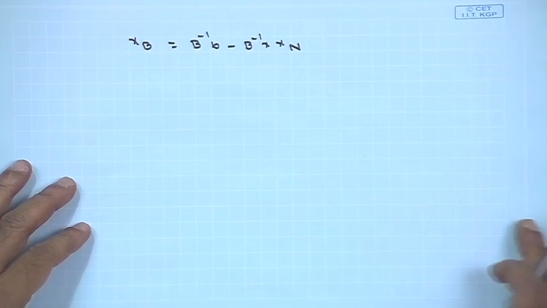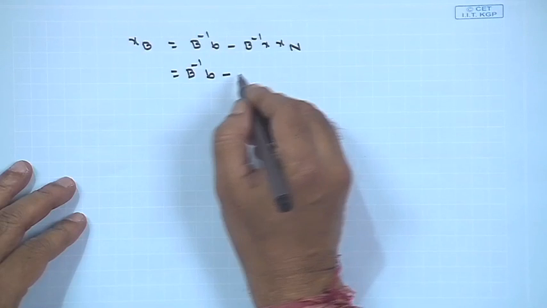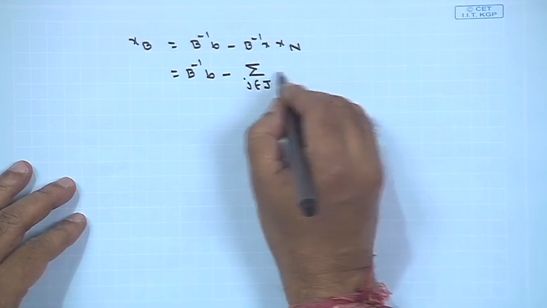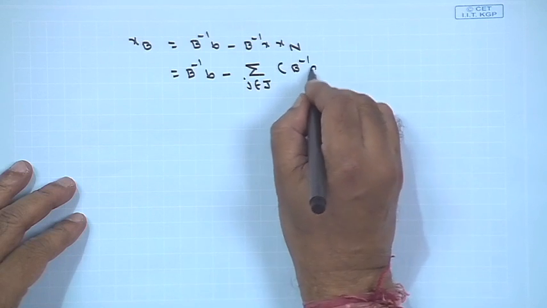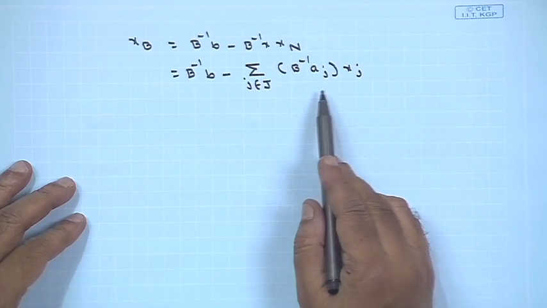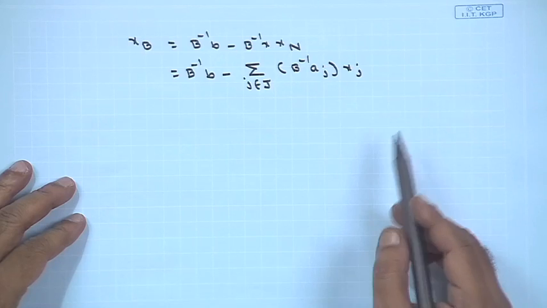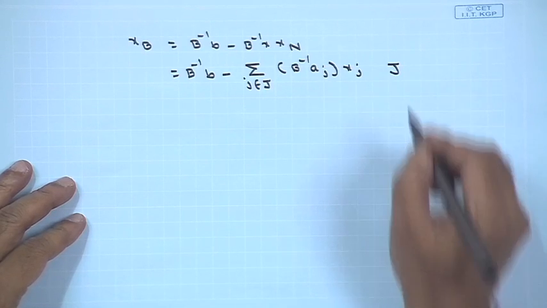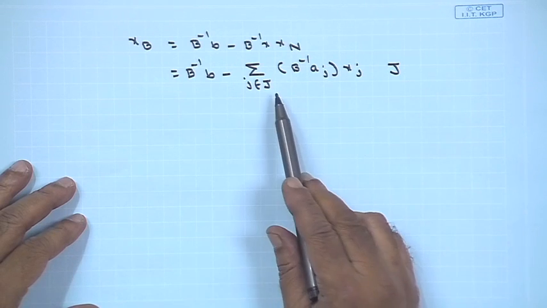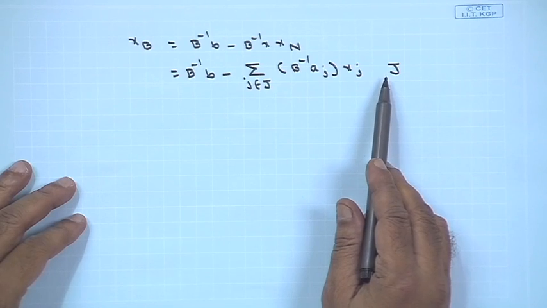So, that only we are writing, and this equals B inverse b minus summation over j belongs to J of B inverse A_j into x_j. This B inverse N you are writing in this format, B inverse A_j into x_j, where capital J is the index of non-basic variable. Please note this one. Here capital J is the index of non-basic variable.